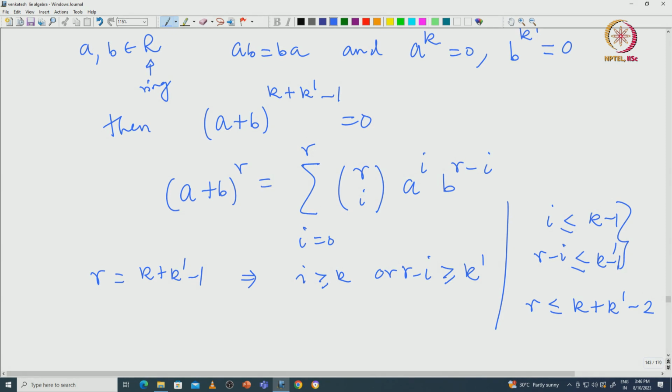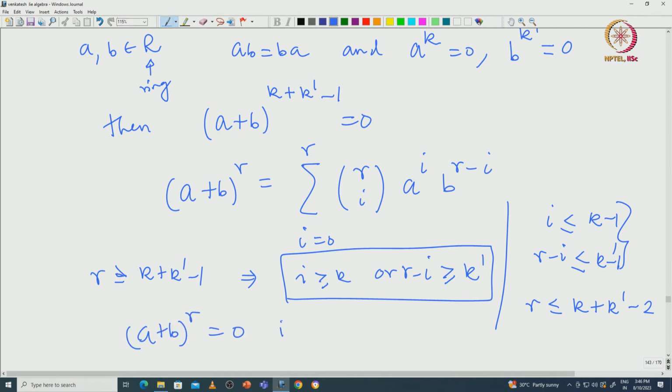So, if r is at least k plus k dash minus 1, that would imply i is at least k or r minus i is at least k dash. So, (A plus B) power r must be 0 if r is at least k plus k dash minus 1.